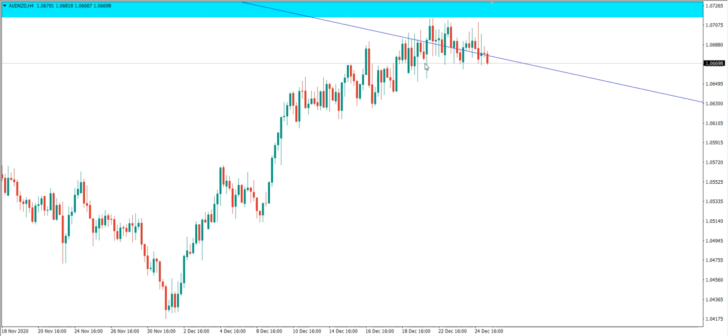Yeah, so you can see that this area right here is actually support. So you need extra confirmation before taking a trade if you've not already taken a trade from these areas right here. So that's going to be all on this analysis of AUDNZD.